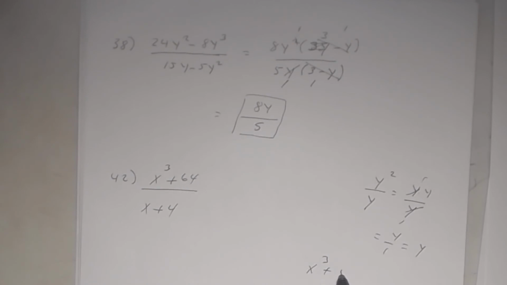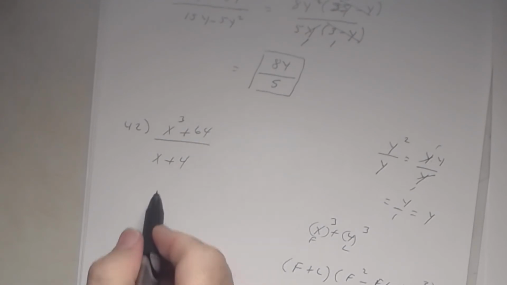Okay, so let's kind of figure out what that is. So 64 is 4 cubed, right? So this is your first, this is your last. So when you factor sum of 2 cubes, that's the binomial F plus L times the first squared minus the product of the first and the last, and then the last squared, right? So what's going to be the binomial in the numerator?